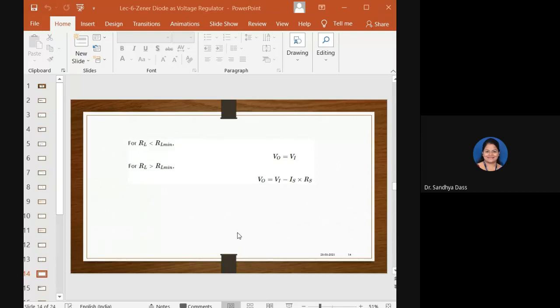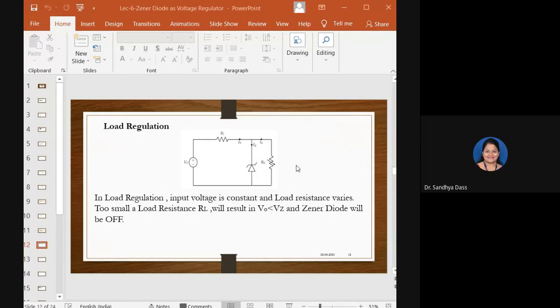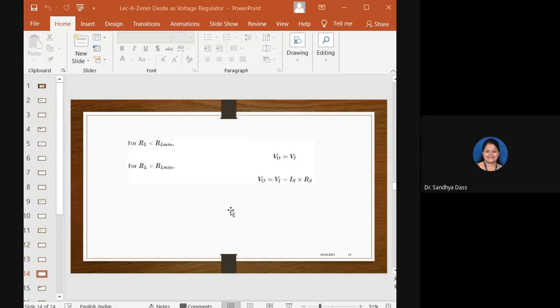Again, we have to note here: if the RL value is less than RL minimum, then the Zener diode will not turn on, so the circuit will be open and the output voltage will be equal to the input voltage that is applied here.